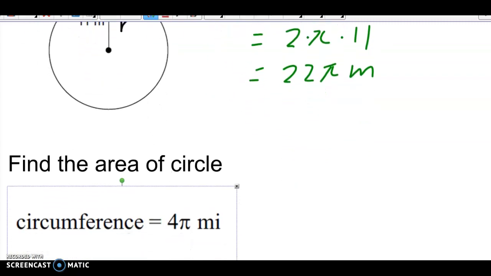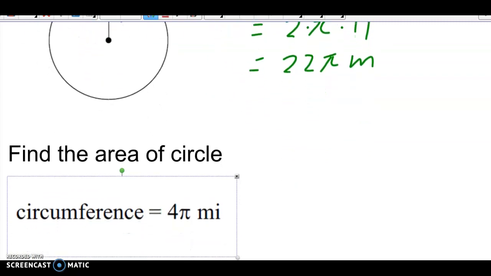Okay, next one is the example, find the area. In this example, we don't have any picture, and we only have the circumference, which is 4 pi. From the circumference, as we know, c equals 2 pi r. From the circumference, we can find r, which is the radius, right?